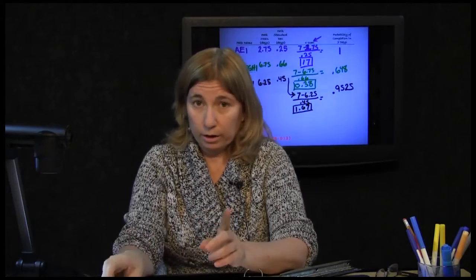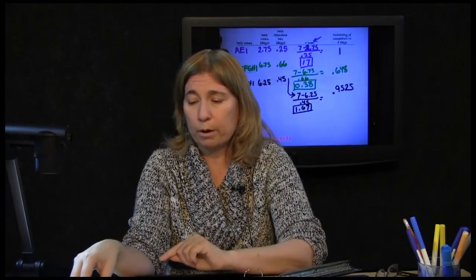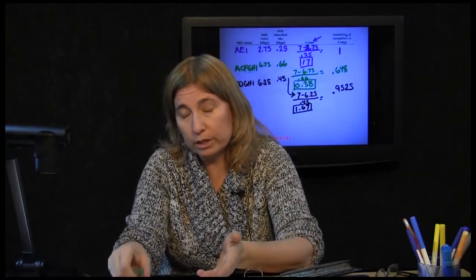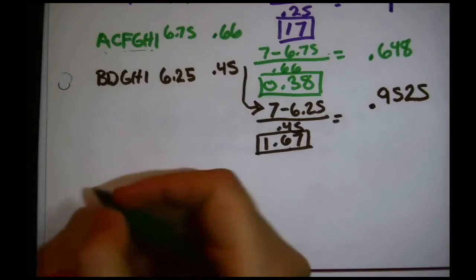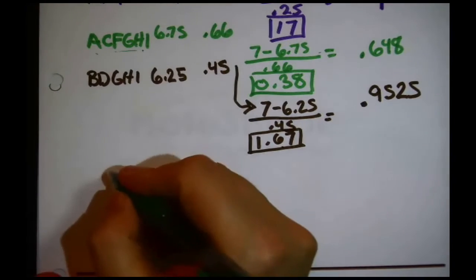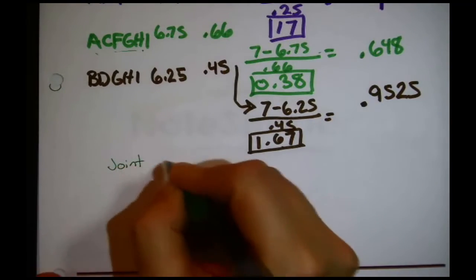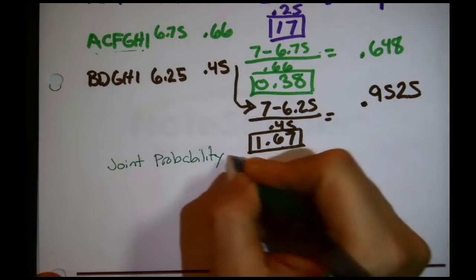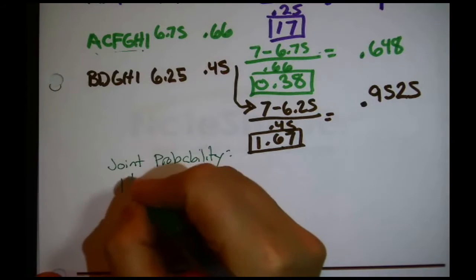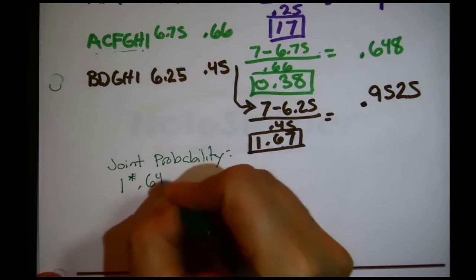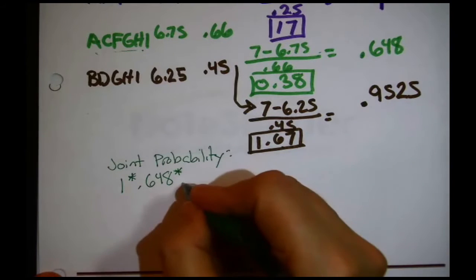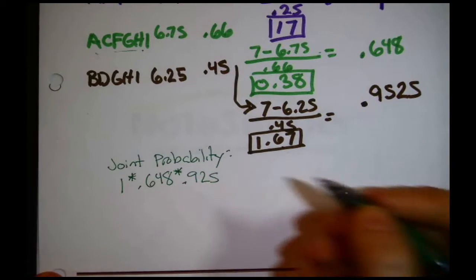All right, now I have the individual path probabilities. I next find the joint probability of getting done with the project within 7 days. So I say joint probability. 100% times 0.648, that's coming from ACFGHI, times this 0.9525 from BDGHI.